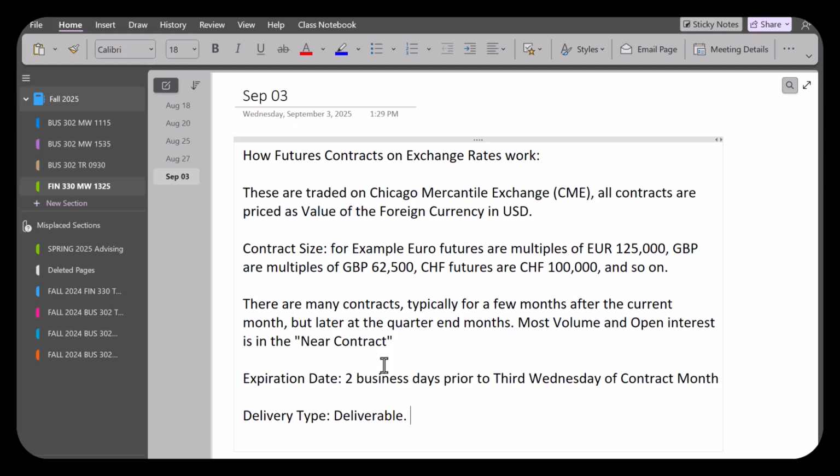Let's say I'm short 10 contracts, which means I promise to sell 10 contracts worth of euros, which is 1.25 million euros, and get dollars in return. And the exchange rate is going to be the settlement price at the end of that day.